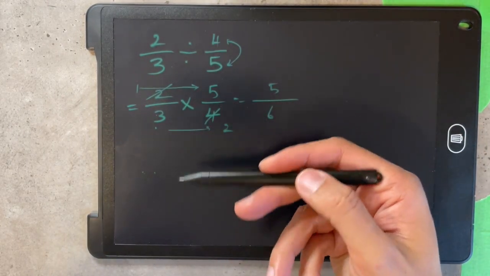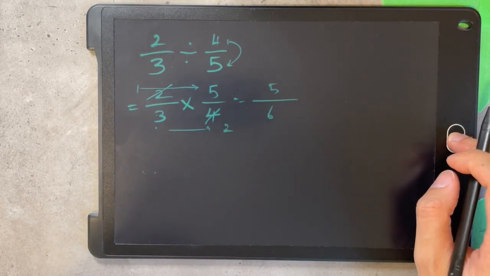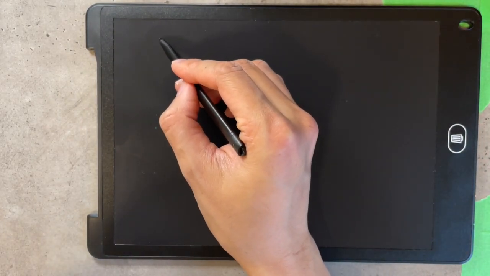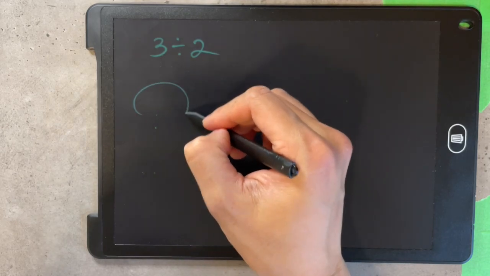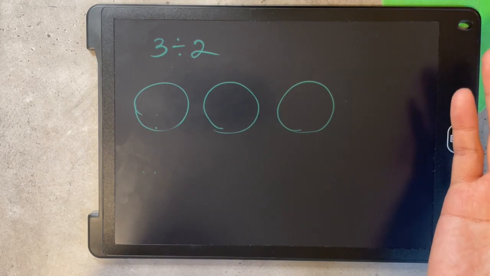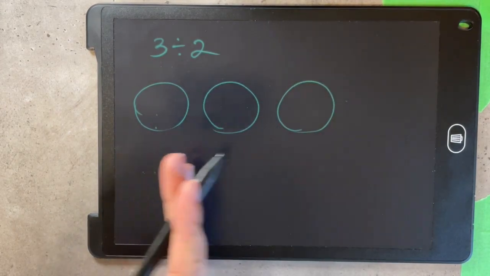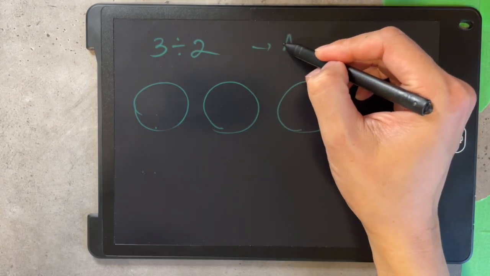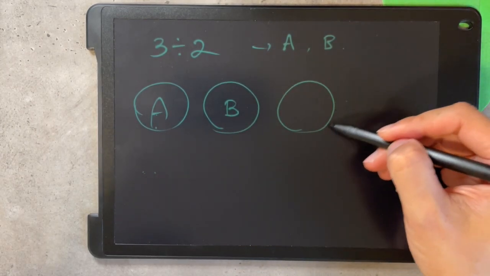Why? Okay, many will ask, why do you have to flip? So here is a very simple answer to the question. Let's say I have 3 divided by 2. What I'm doing is I have 3 wholes, and I want to split them into 2 equal groups. Now let's say I want to split them into A and B. So this would be A, this would be B, and then I have 1 whole left, right?